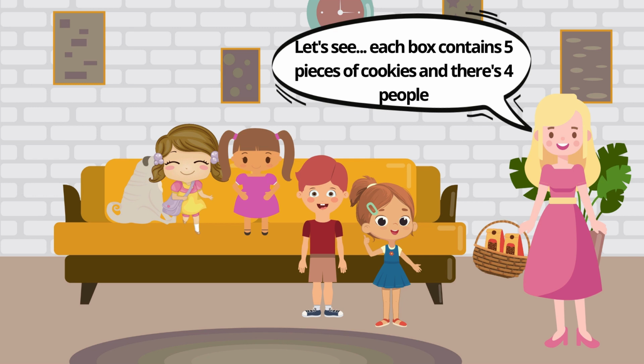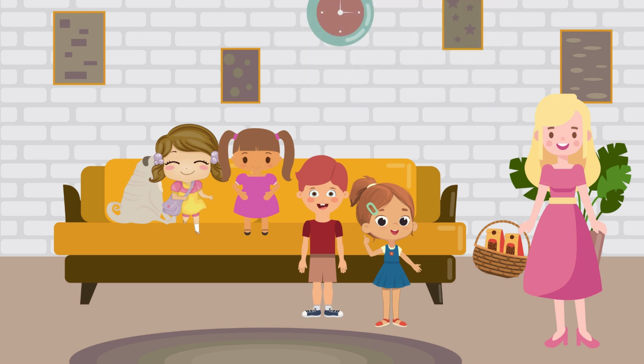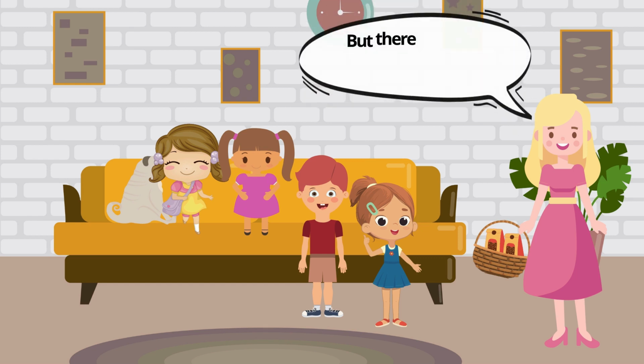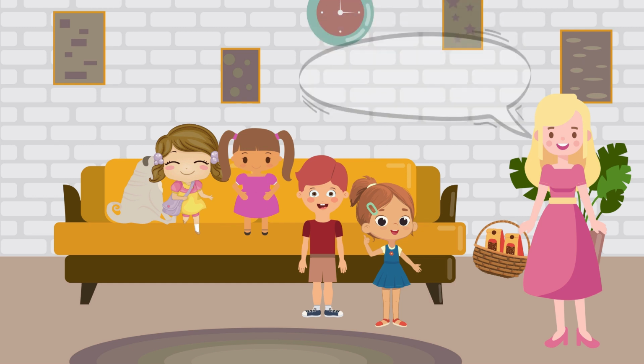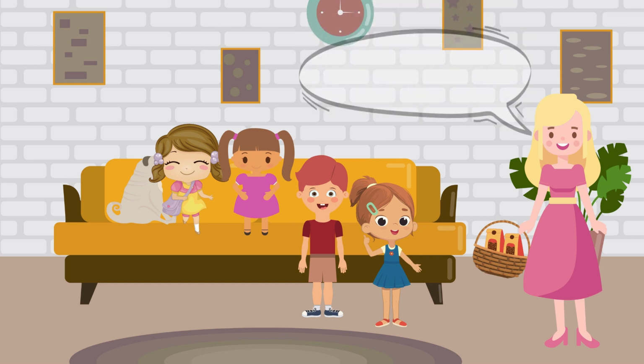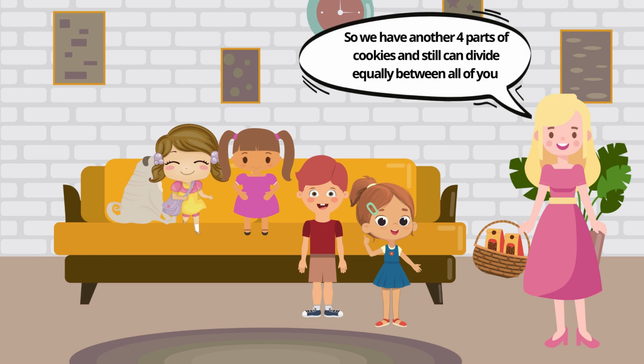Let's see. Each box contains 5 pieces of cookies and there are 4 people. So each of you should get 2 pieces of cookies. But there are 2 more cookies left. I think each of the leftover cookies should be broken into 2 parts. So we have another 4 parts of cookies and can still divide equally between all of you.